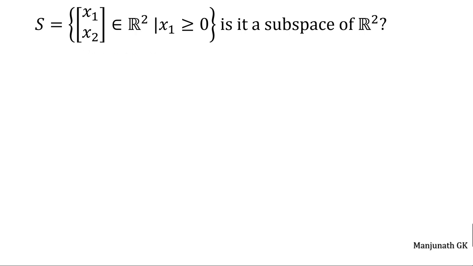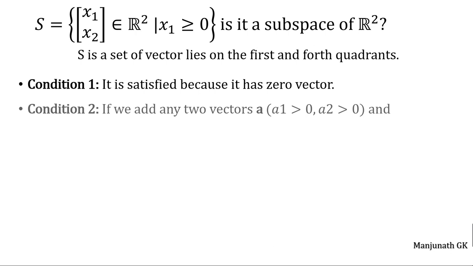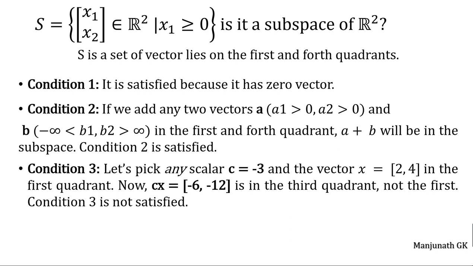Let us conclude here. Condition 1 is satisfied because it has a zero vector. If you add any two vectors, they fall in the first and fourth quadrant only, so condition 2 is also satisfied. But let us take any scalar. See here, c equals minus 3 is considered, and the vector (2, 4) is considered.